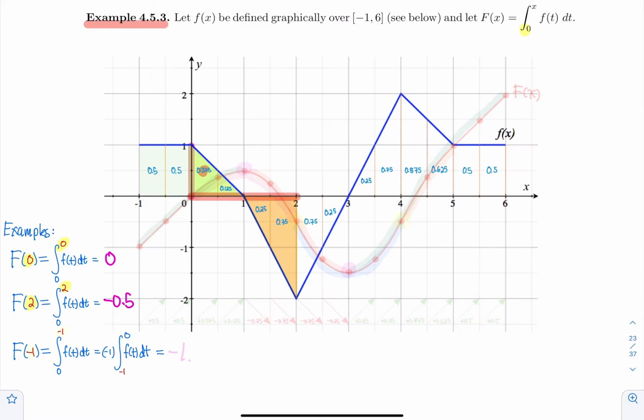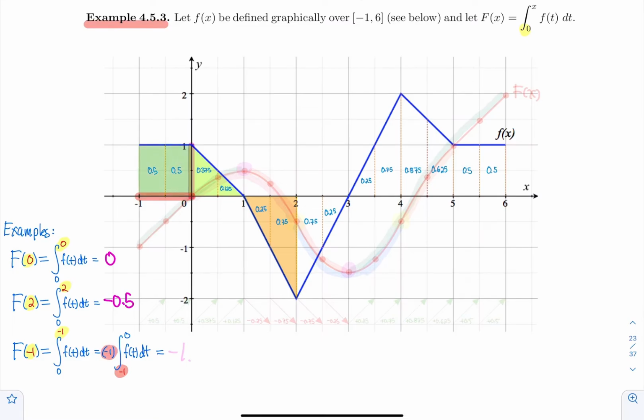Now, let's do an example of an output for an x behind 0. For example, let's compute F at minus 1. The first thing you realize here is that minus 1 is a smaller number compared to the beginning, which is 0 in that definition. So I need to swap my bounds. I want the definite integral between minus 1 and 0, but I will need to multiply that definite integral by minus 1.